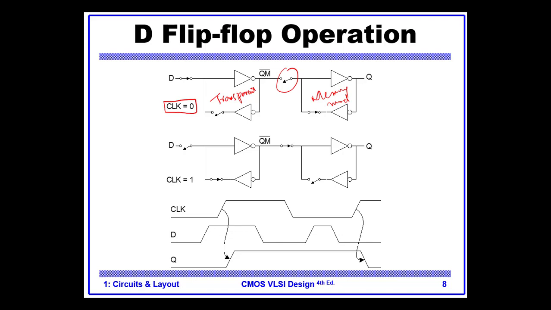When we change this, this is now in memory mode, and this is now transparent. You see the loop is broken here, and here the loop is established.